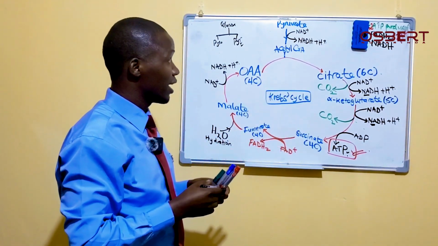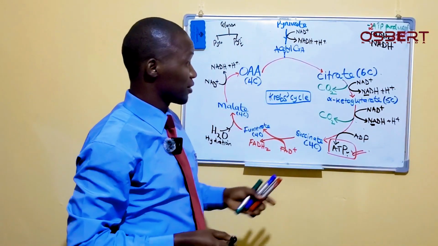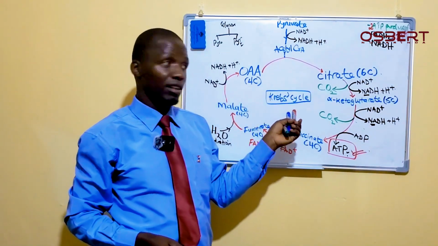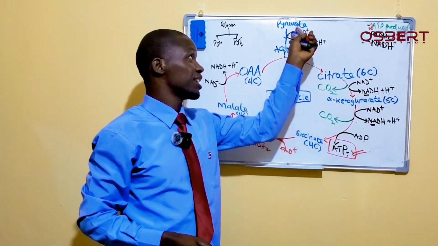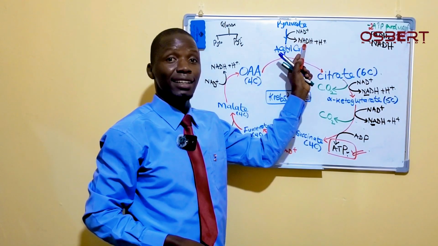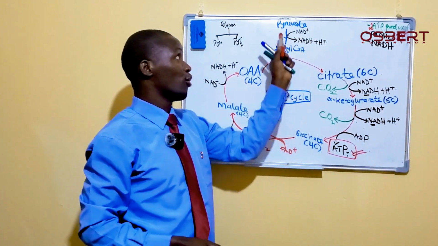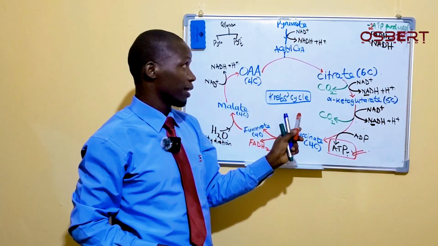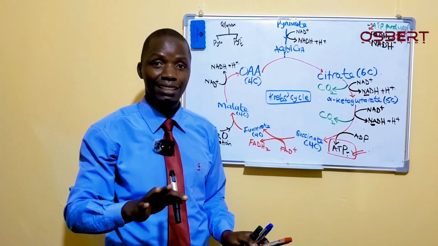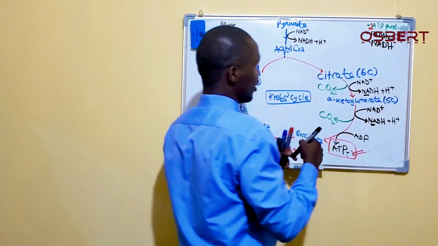So yes, it is true we have 3 in the Krebs cycle, but because this cycle cannot occur without this link reaction, we also add this NADH from the link reaction, and therefore for 1 pyruvate we produce 4 NADH.